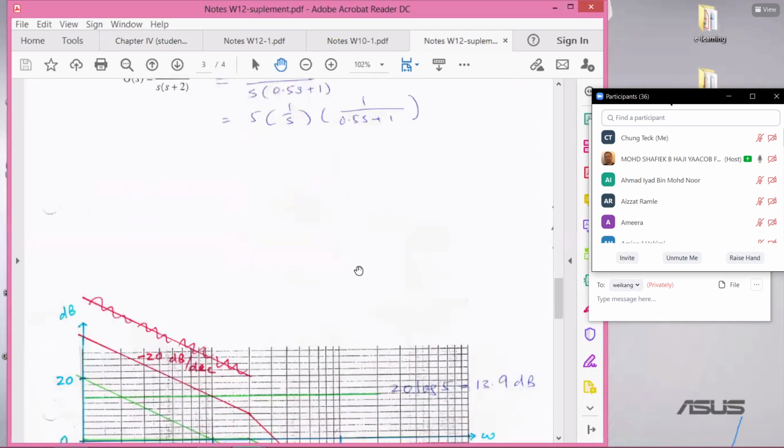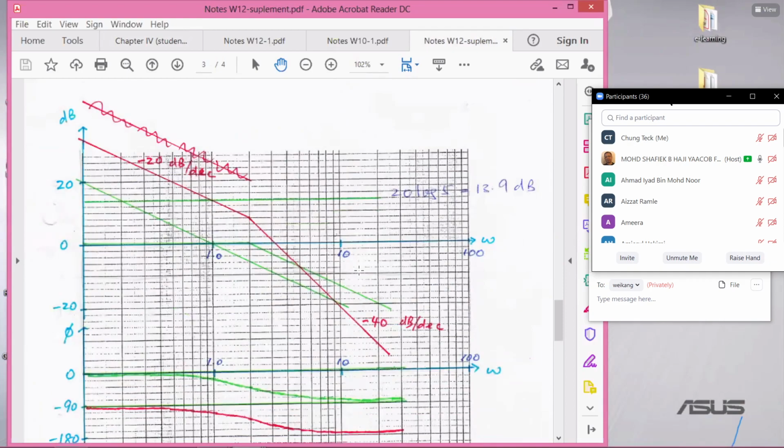So okay, now let us prepare the axis first. You're going to learn how to prepare your axis when you draw your Bode diagram. So the light blue here is the axis. Here I have 3 cycles. So this is frequency 1, frequency 10, frequency 100.